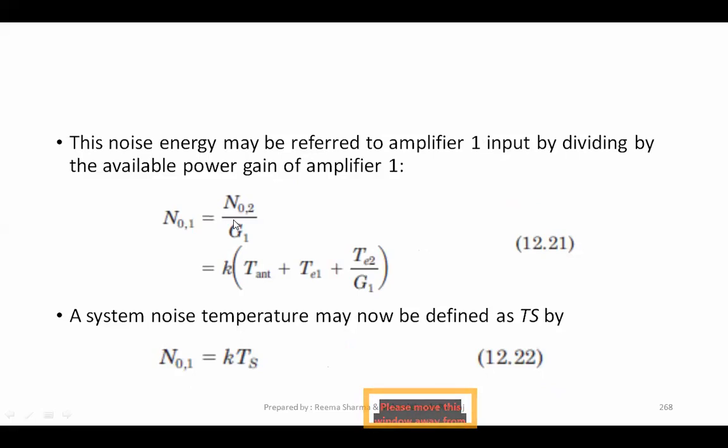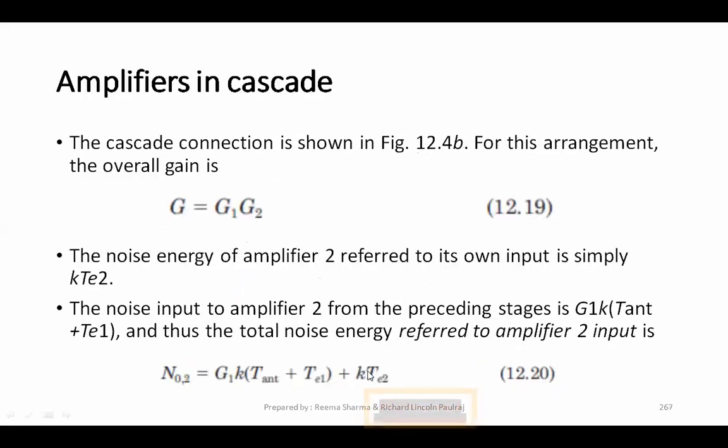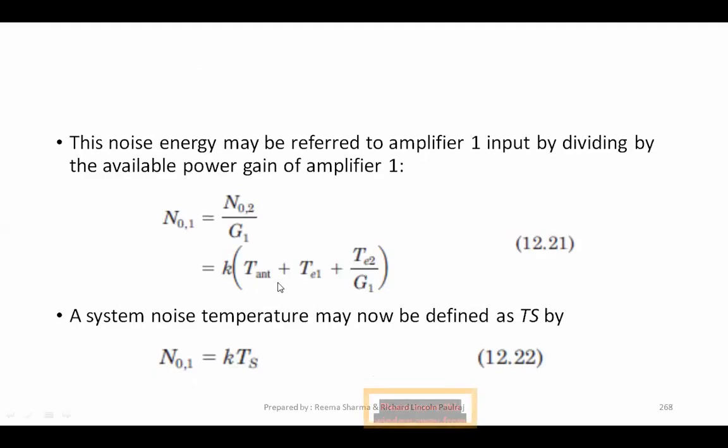Taking this into consideration with our previous formula, when we substitute, we get equation 12.21. The total system noise that we can think of is K into T_S, the system noise temperature. In short, we can call it T_S.